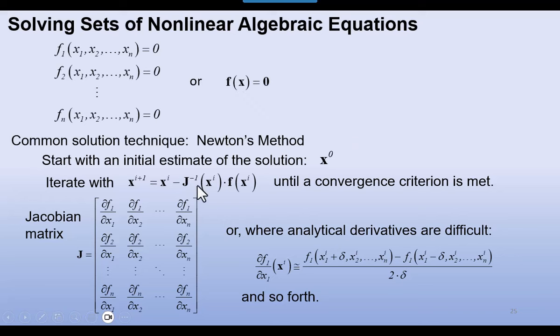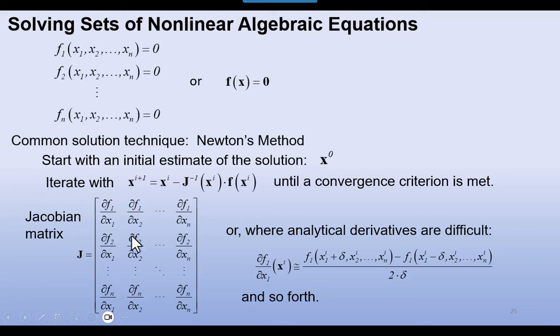And then we have an iterative formula where we get a new estimate from the old x estimate using this adjustment. Now, this part here is just plugging our current estimates into our function equations. And then we use a matrix called a Jacobian matrix, which is shown down here, and its inverse times f of x, all right? Matrix multiply.